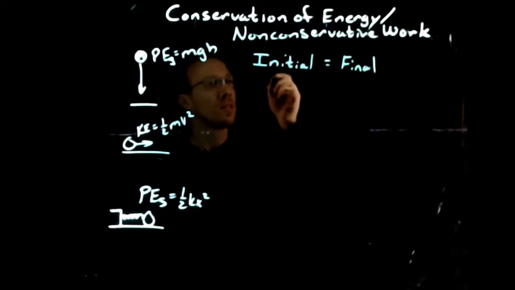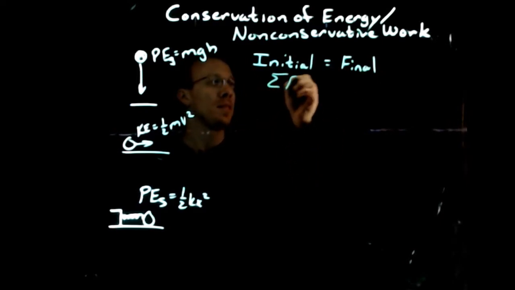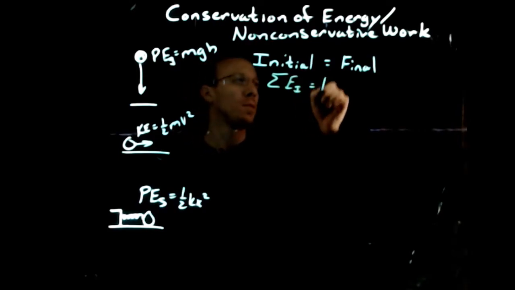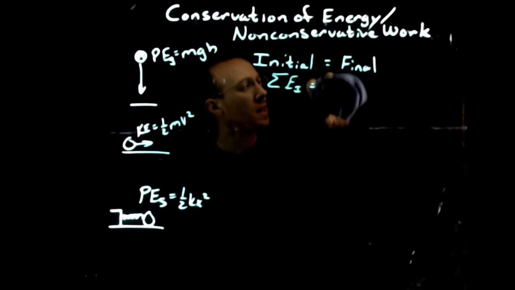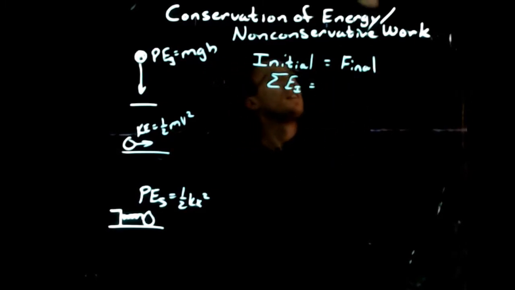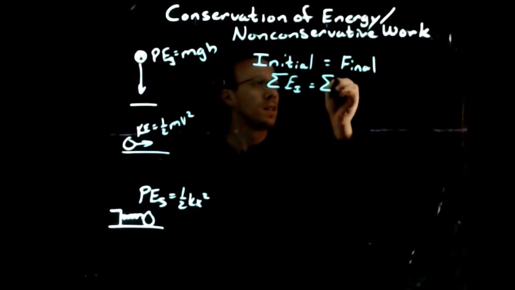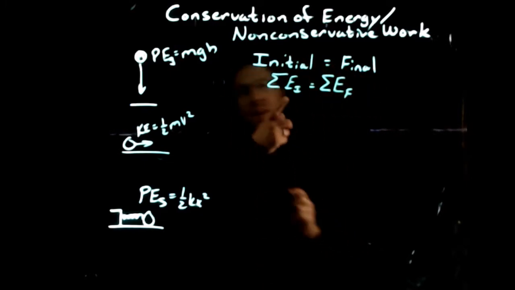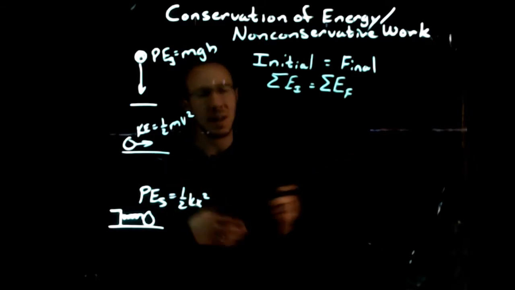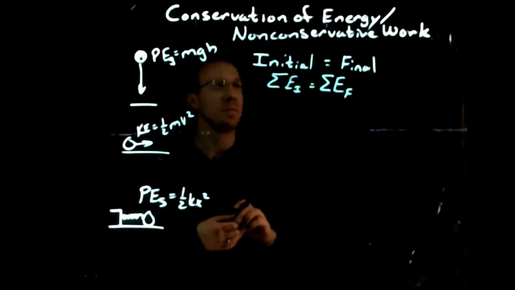Really what we're talking about is the sum of the energy initially will equal the sum of the energy at the end. See how messy that gets. Now, sometimes you might see that written with an ME for mechanical energy, and that's fine, but just simple energy is good.